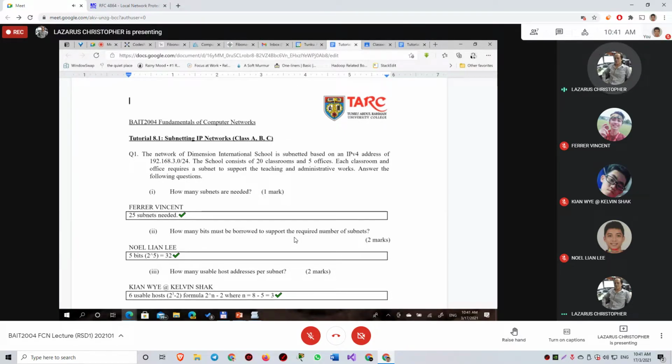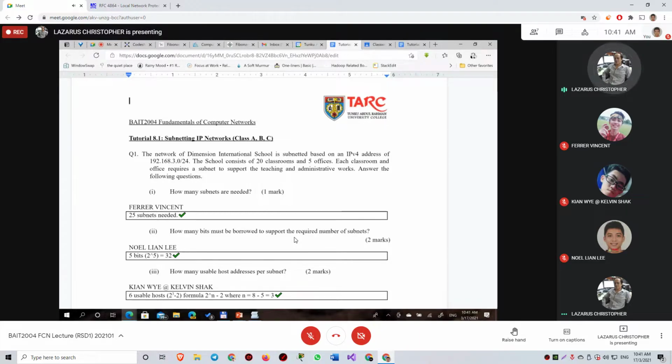So when you start borrowing bits to create subnets, you are borrowing from the boundary at the 24th bit. Then you start borrowing into the host. You always borrow from the host bits.